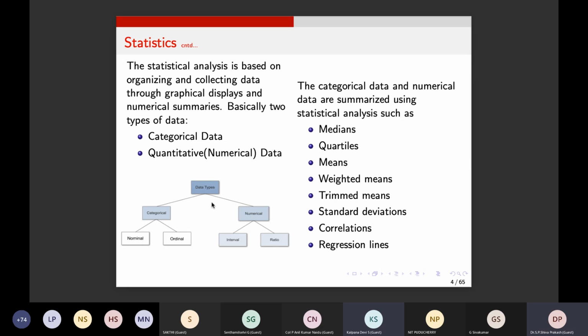Now, looking at each thing, what is a median, right? A median value is the middle value of a range of values, right? And quartiles are the data points which divide the data into 4 parts, or 4 quarters, of more or less equal size.